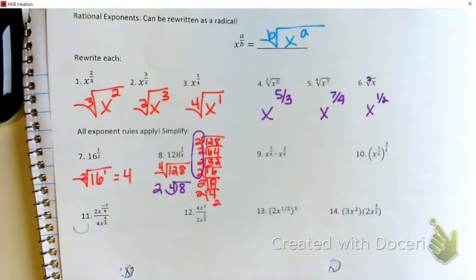You're going to do 3/4 plus 2/4. Alright, so you should get 5/4 when you add that. So it's x to the 5/4, and then that's all you do. Because from 9 to 14, all you're doing is rewriting it as one thing instead of several things.